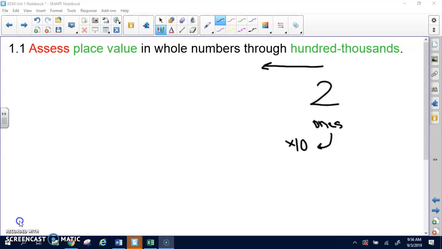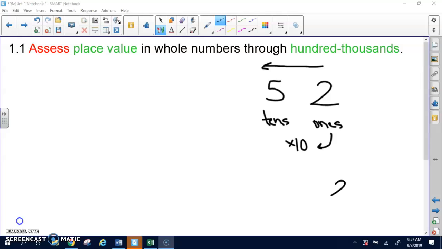So what's 1 times 10? 10. So the next place value is called the tens place value. So let's say what I have here is a 5 in the tens place value and a 2 in the ones. What does that number represent if I break it apart?